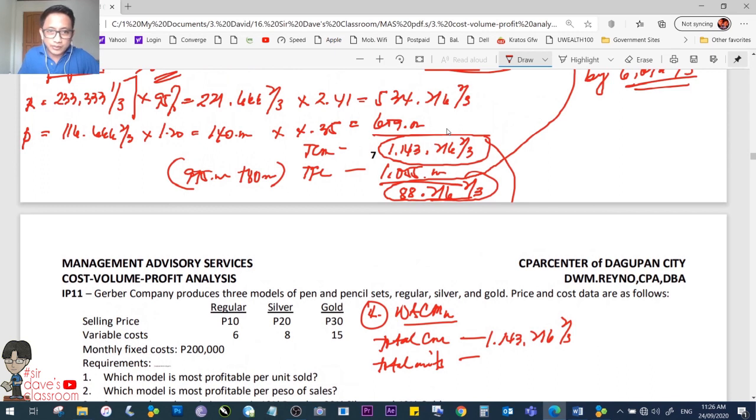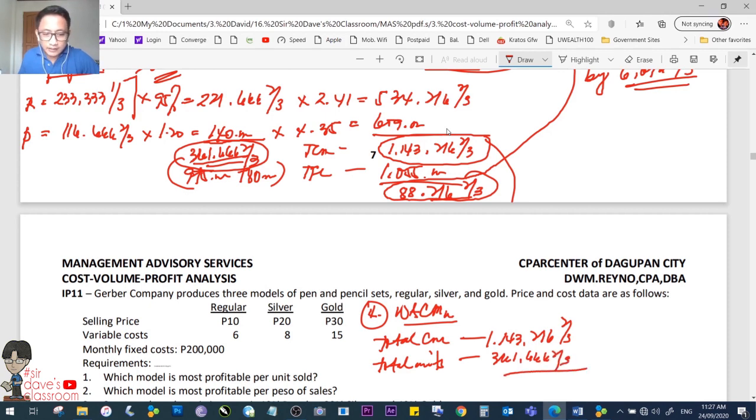Ayun. Kaya sabi ko, gusto nating ipakita yung number of units dito because it is in preparation of the next requirement. 221,666 and 2/3 plus 140,000 is 361,666 and 2/3 total units. Yun yung pang-divide mo dito. 361,666 and 2/3 units.